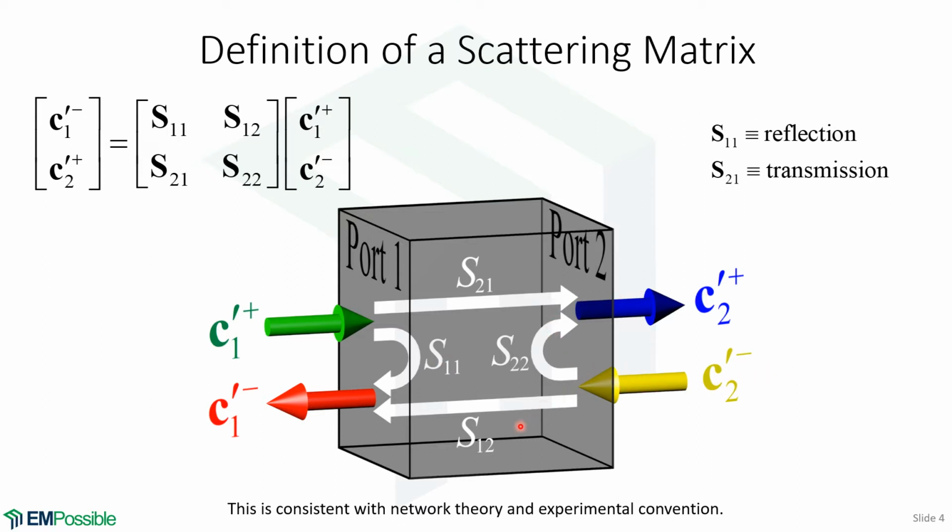The S12 is how much of the wave entering port 2 exits port 1. So that is a backward transmission coefficient, if you will. And we would expect in linear reciprocal media that your S11 and S22 are actually equal, and the S21 and S12 are also equal. And in fact, that is the case. So that is the scattering matrix, and that's what we'll be using here.